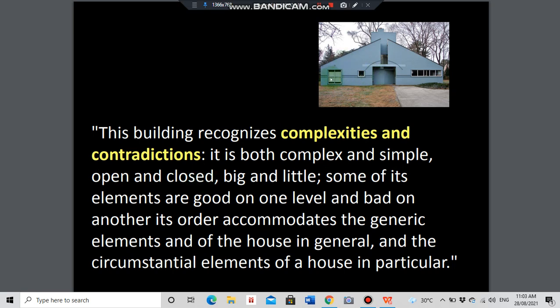Open and closed. Then, big and little. Kaya, contradictory. Some of its elements are good on one level and bad on another. Its order accommodates the generic elements of the house in general, and the circumstantial elements of the house in particular.